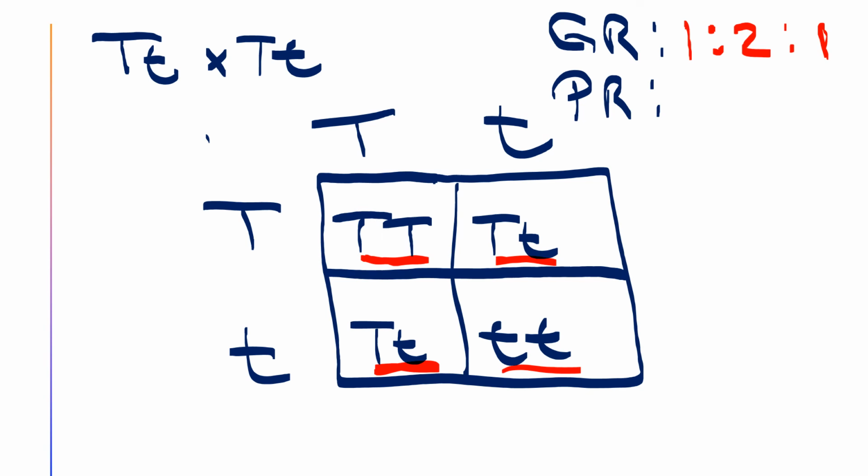Now remember, to have the tall allele, you have to have a big T. So if you notice, I have a big T, a big T, and a big T. So therefore, I have 3 chances, or 75%, of having a child who's tall. This one here has no big T whatsoever. So therefore, I have a 25% chance of having a child who is short.